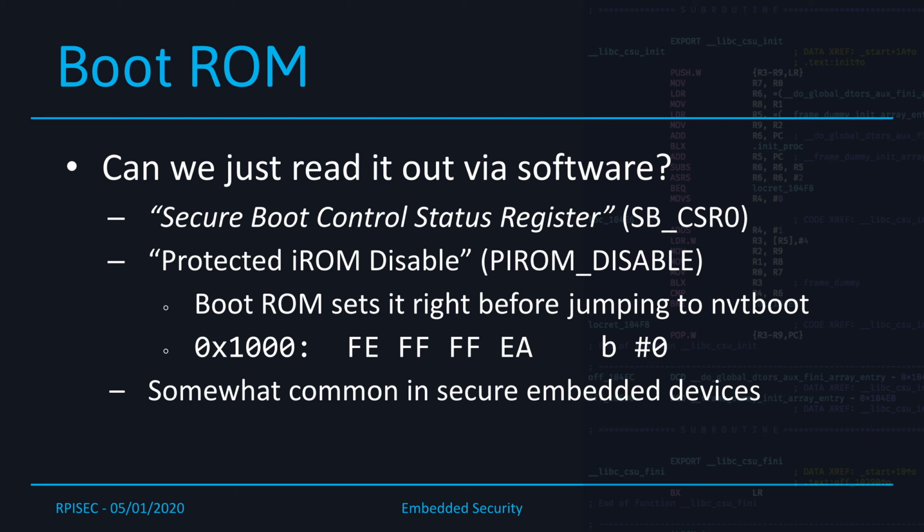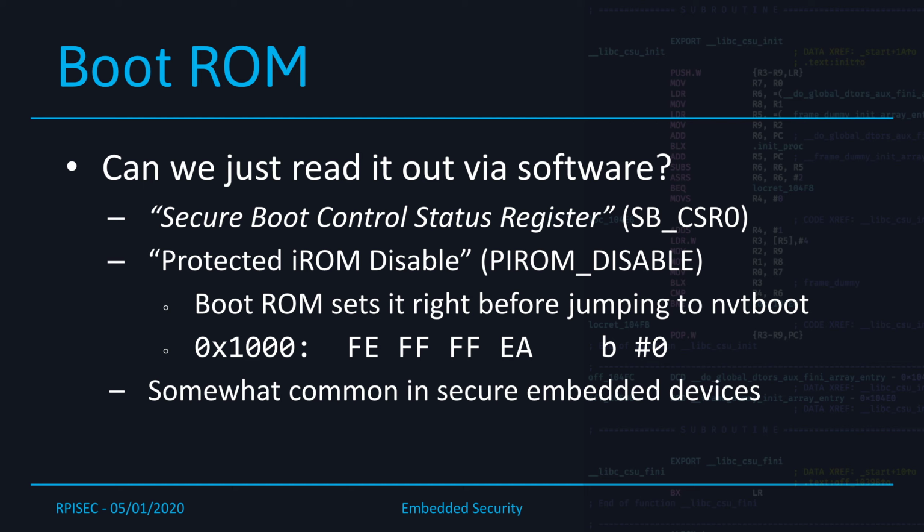Well, this is actually a branch 0 instruction. I'm not honestly sure why. I guess it's to ensure you don't accidentally run the boot ROM twice after it's been locked or something. It'll just jump to 0, which I believe is not actually mapped. So I don't know why they did that.